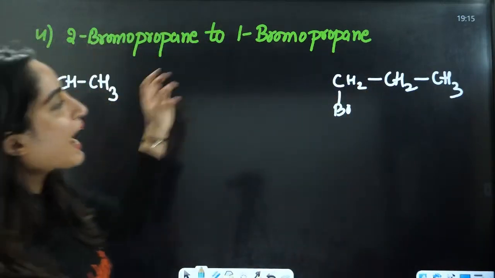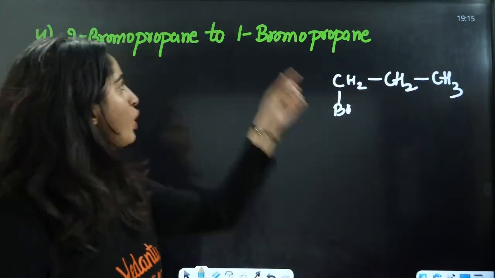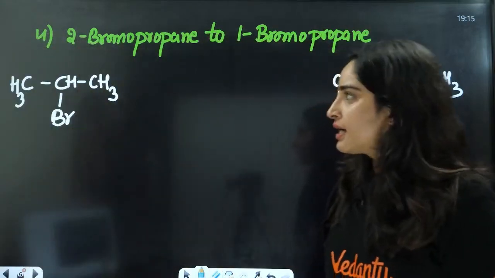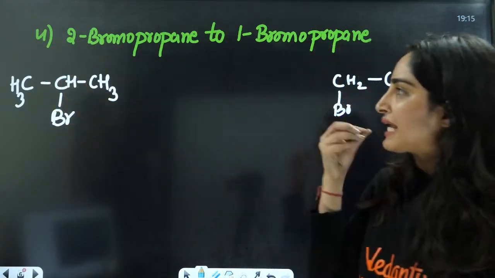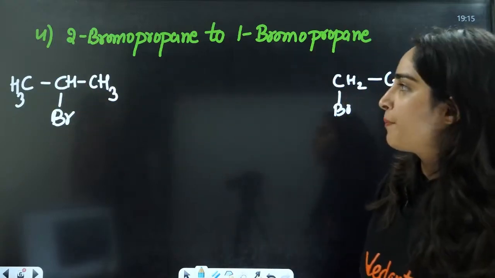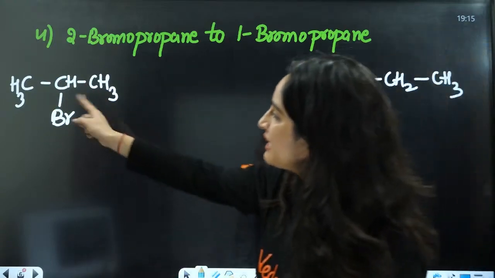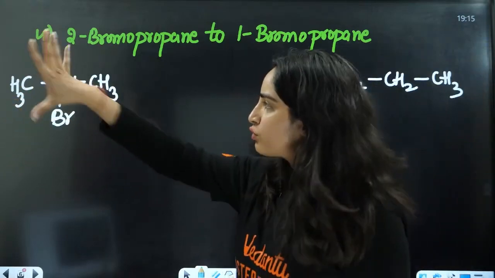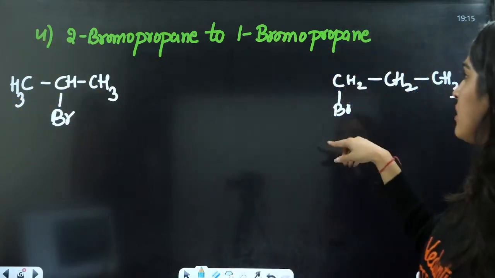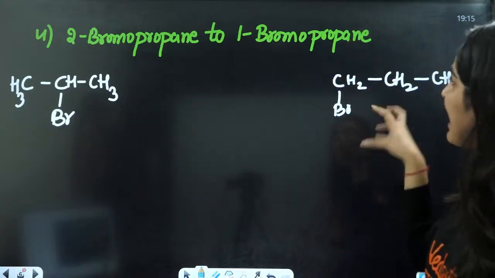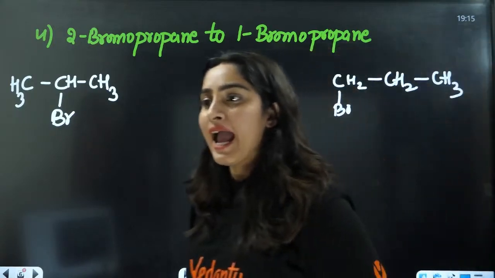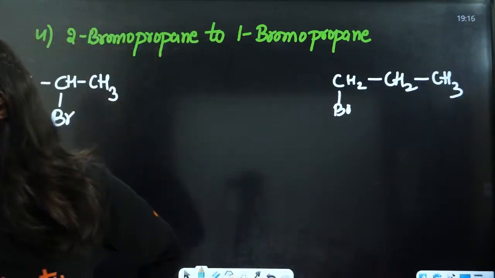We can directly add something and convert it into 1-bromopropane. Firstly, we can convert it into an alkene, then we can convert it into 1-bromo. We can do the dehydrohalogenation here, and after that we can add HBr by anti-Markovnikov rule.